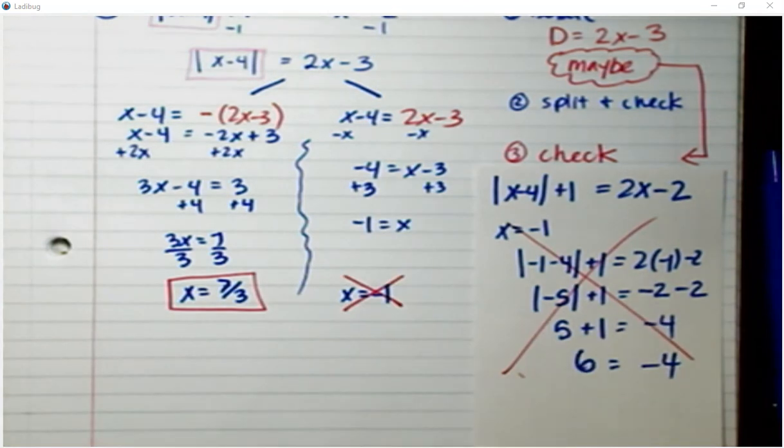So if you got -4 equals -4, and then you plugged it into the original distance, 2x minus 3, that would come out positive? Yes, it would. Correct.